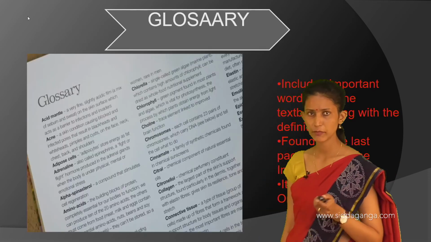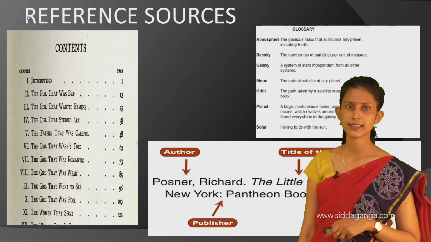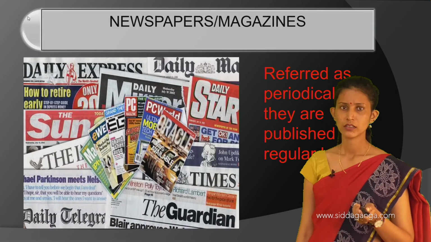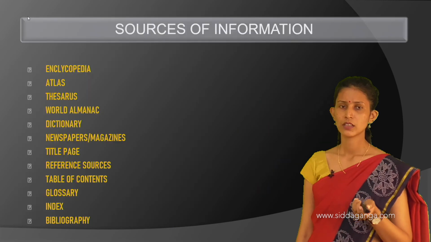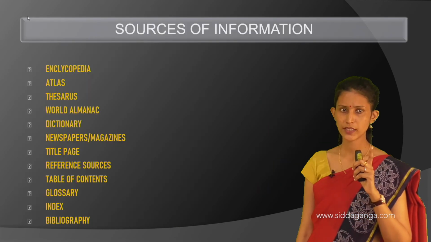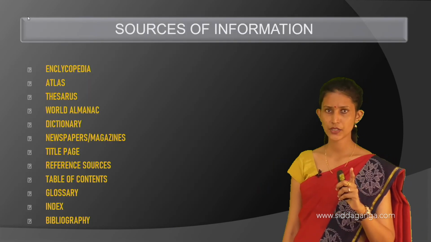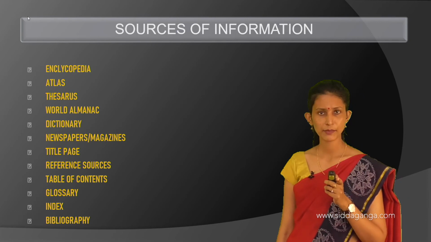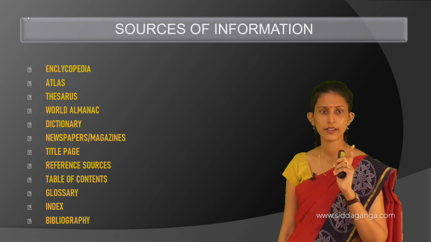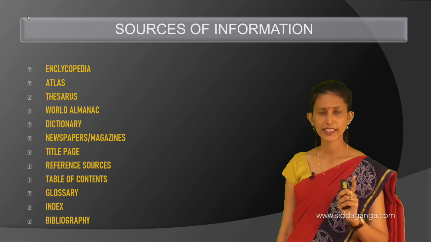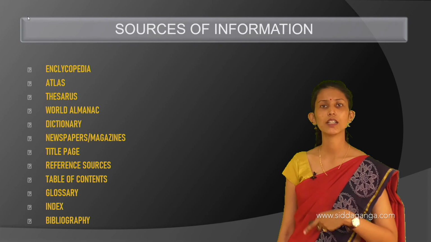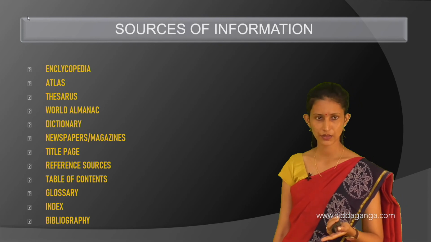So let me go back and have a look at things. We spoke about the encyclopedia, which gives you a lot of information. The atlas is for maps of the world. The thesaurus is a book of antonyms and synonyms. A world almanac gives information about the entire world and sometimes your country.